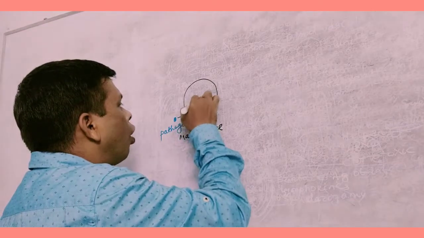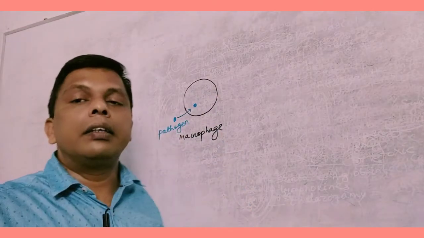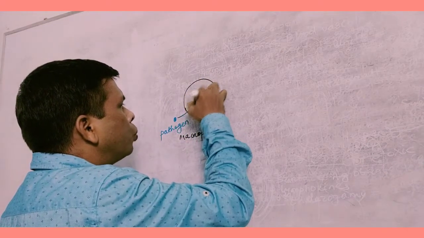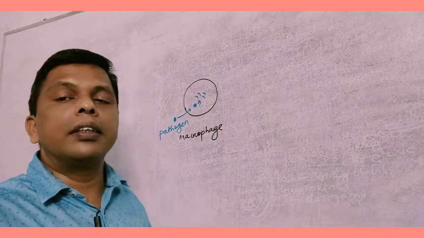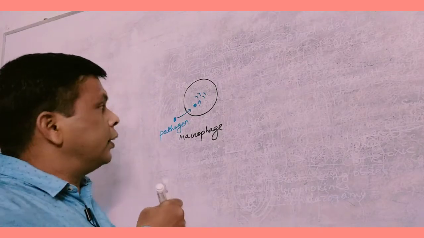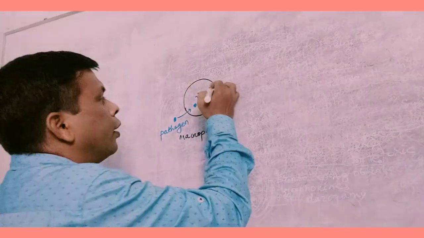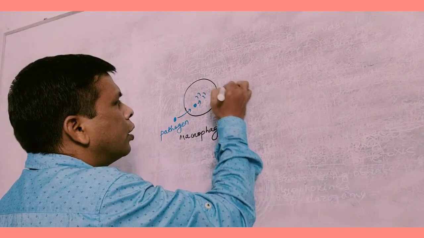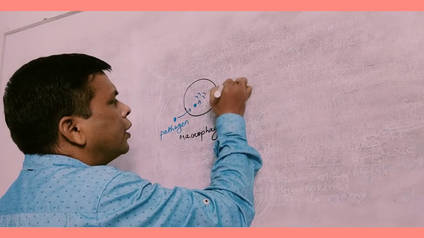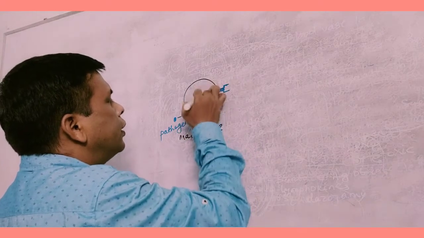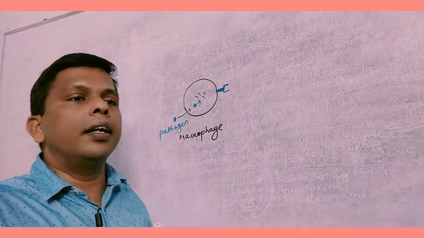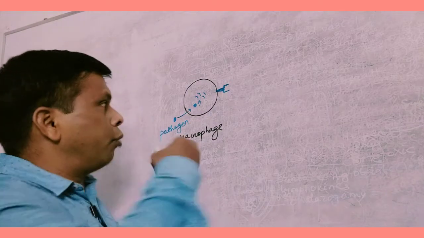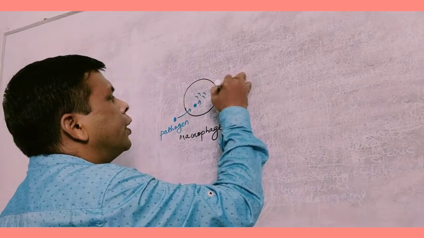It is degraded to produce exogenous proteins. These exogenous proteins remain at its surface because these are antigen presenting cells. These cells present through MHC2. Suppose this is the protein fragment, they are presented here.